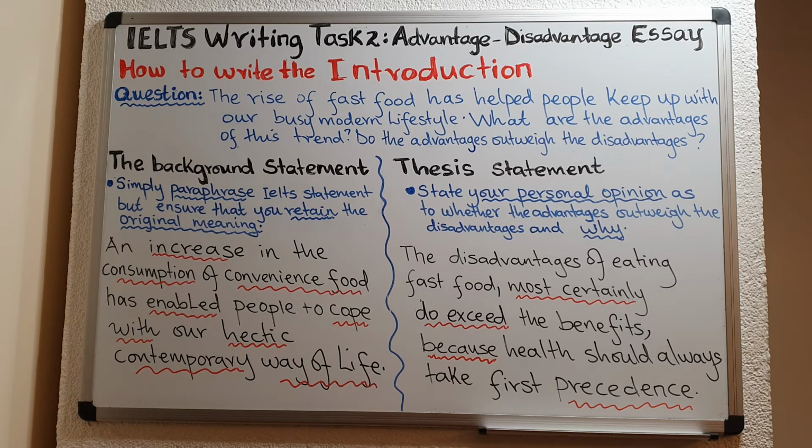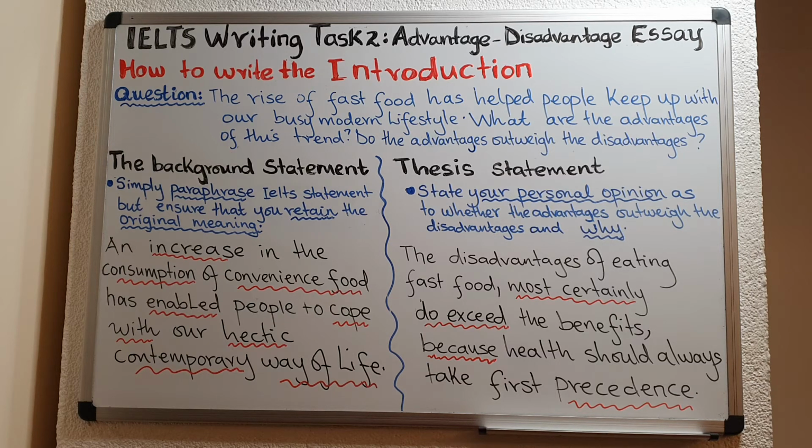Let's read the statement. The rise of fast food has helped people keep up with our busy modern lifestyle. So let's begin changing it now. The rise of fast food. I have replaced that with an increase. An increase means a rise. So the synonym for rise there is increase. Okay? And then we have of fast food.